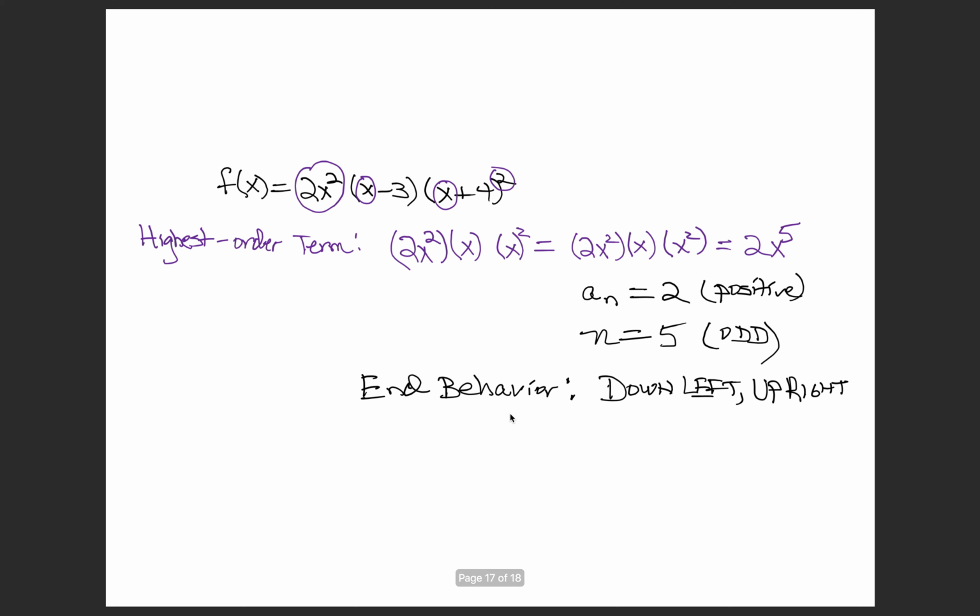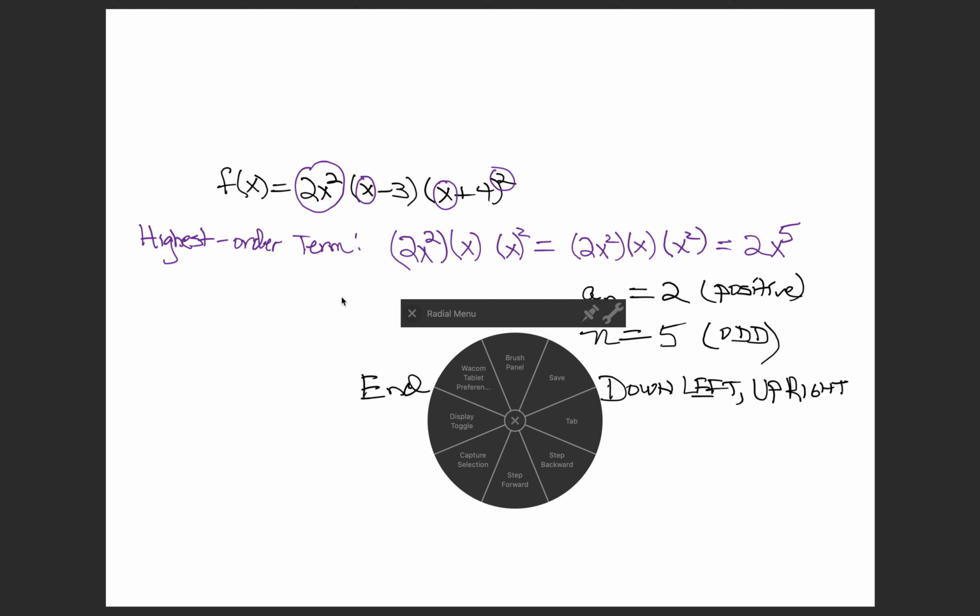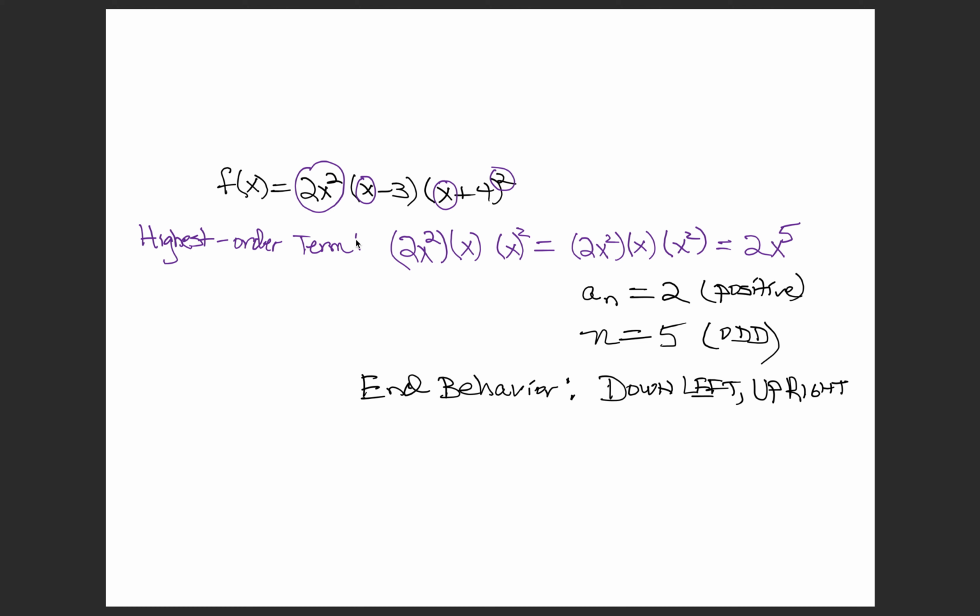And again, working with the same function, we try to figure out what the highest order term is so we can conclude what the end behavior is going to be. For each factor, I have 2x squared as a standalone at the front.